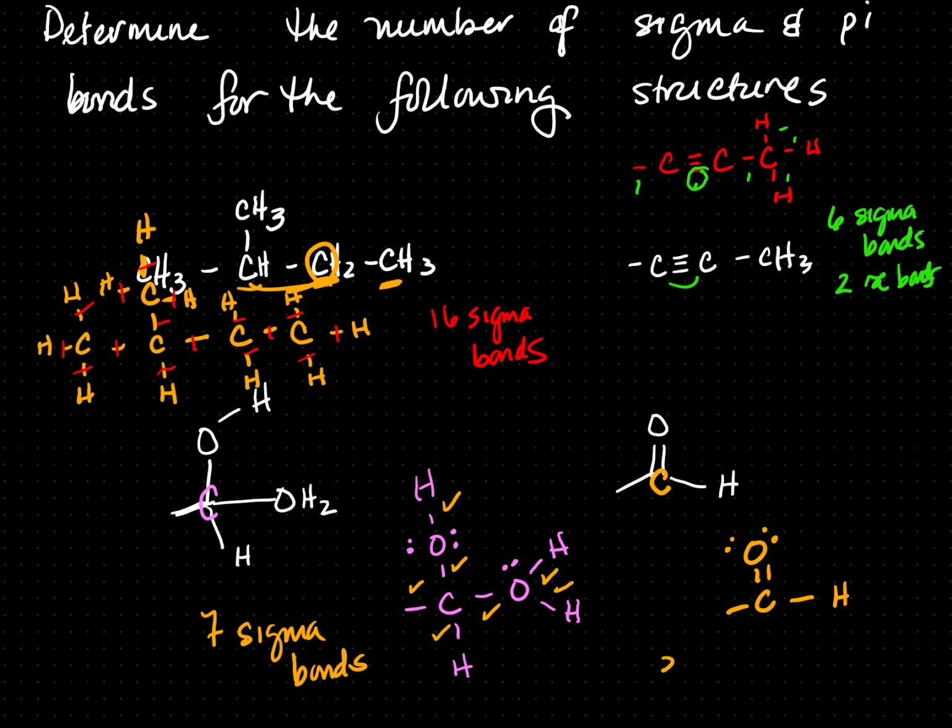This picture has 3 sigma bonds and 1 pi bond. The sigma bonds are 1, 2, 3, and then the pi bond is the other double bond. If I have a double bond, the first one is a sigma bond, the second one is a pi bond.